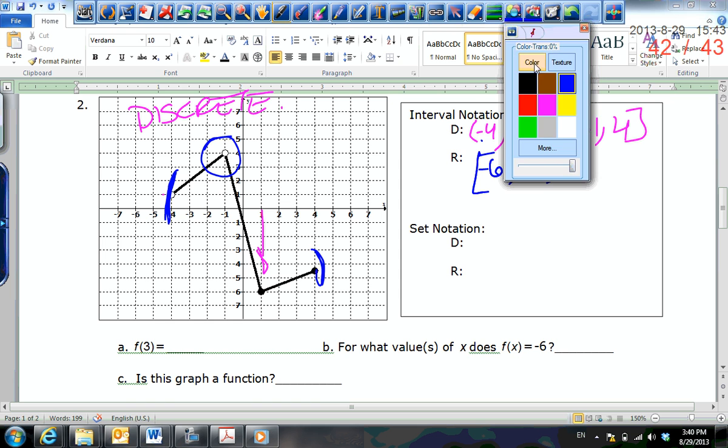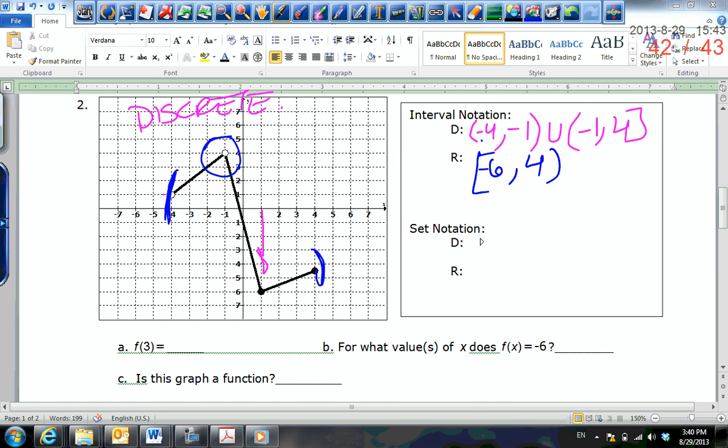Set notation. It automatically starts set of all x. You should have already had that written on your paper if you're waiting for me. Set of all x such that this time we can say from -4 to +4.